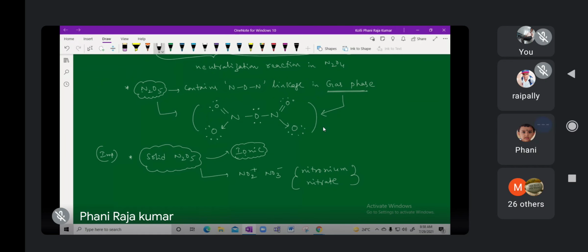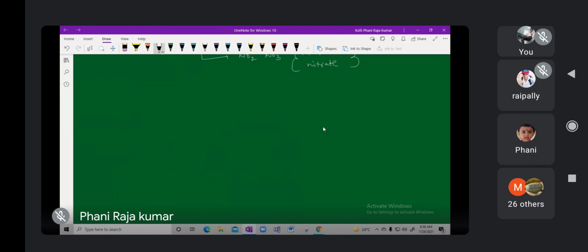For this, is there any proof? Yes. Like N2O4, to prove this, that N2O5 exists as NO2+ and NO3 minus, one example I am writing now. Let us take N2O5 and add sodium chloride. Sodium chloride is ionic.